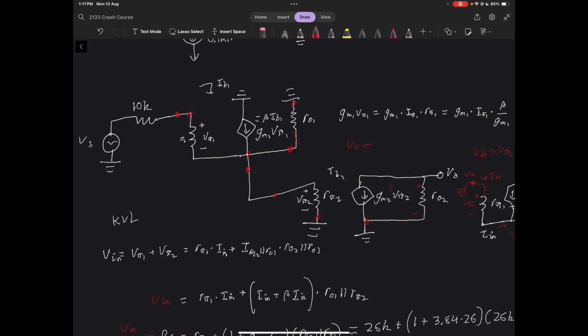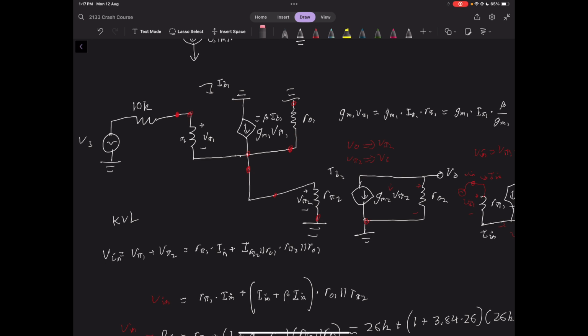So we can sort of think about building a chain. If we find Vout in terms of V pi 2, we could then find V pi 2 in terms of maybe something like V pi 1, which we could then find in terms of Vs. Or we could potentially skip this step entirely. But this is the sort of way of thinking that really helps in solving these more complicated circuits where we need to find the gain.